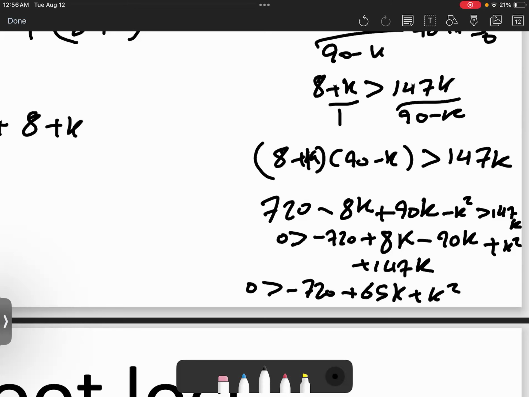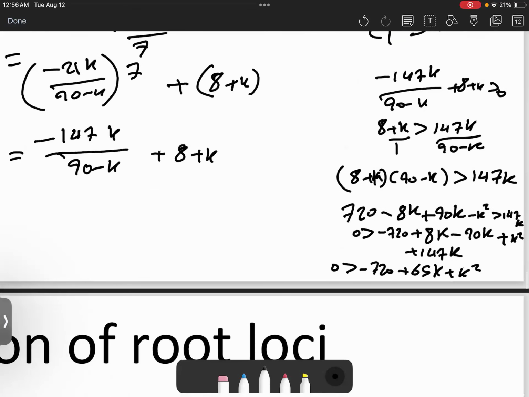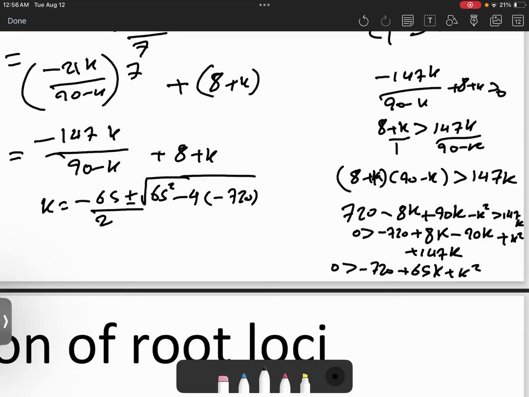Let's try to calculate the roots of k. How to calculate the roots of k? Basically, we will use the general formula, which is k equals negative 65 over 2 plus minus the square root of 65 squared minus 4 times 1 times negative 720. Then let's calculate the roots. 65 squared is 4,225.